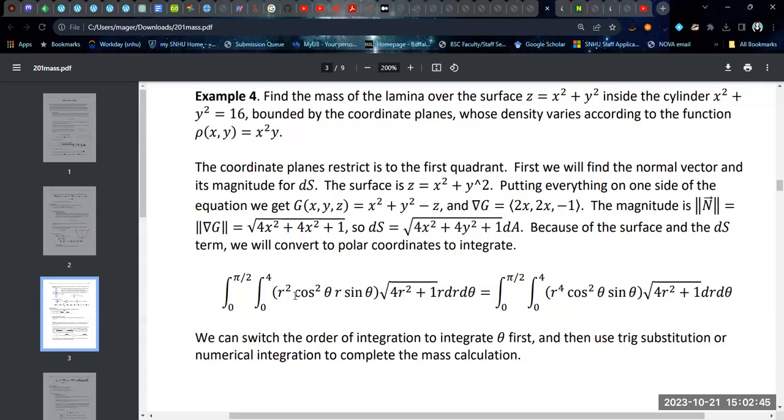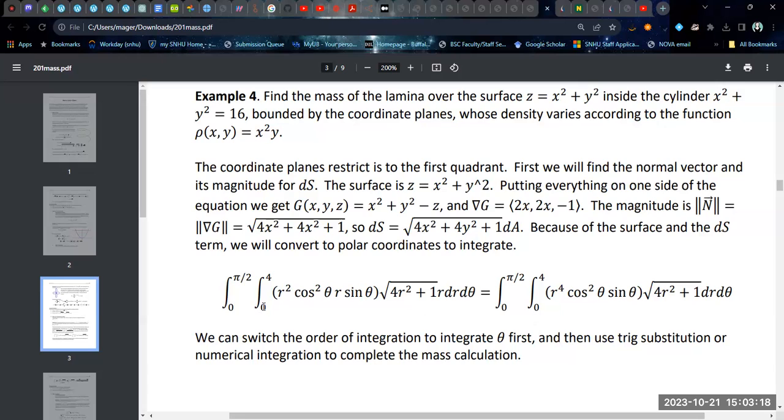So x is r cosine theta, so x squared is r squared cosine squared theta, and y is r sine theta. And then we also have dA from up here, which is r dr d theta. So that gives us r squared and another r, that's r to the 4th, cosine squared theta sine theta, and then our component of the dS for the arc length.